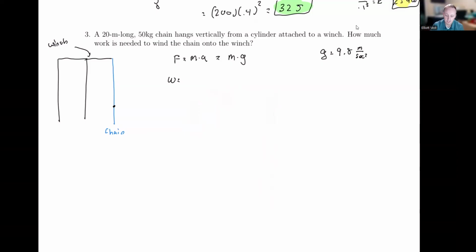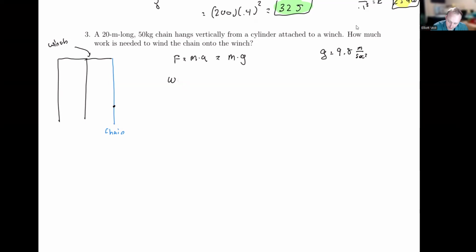So similarly, if I look at any points on this chain, the amount of work to pull this part of the chain all the way up is different than the amount of work to pull this part of the chain all the way up. So the work varies depending on the distance we are looking at, which means we're going to have to come up with a new formula or strategy based on what's going on here.